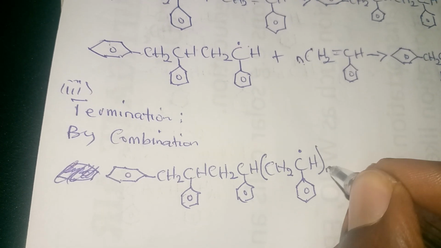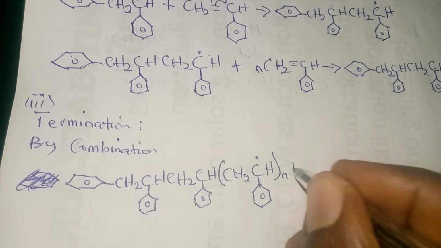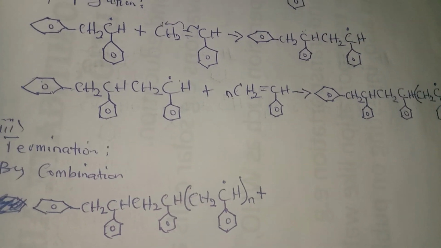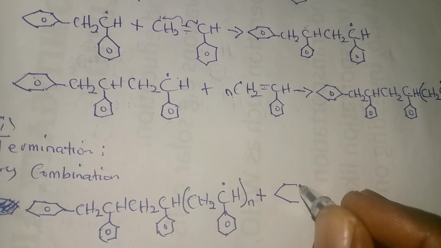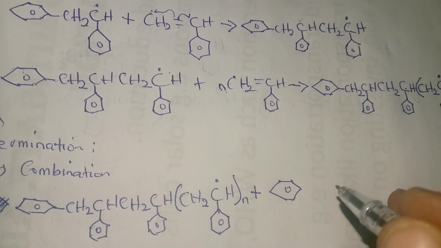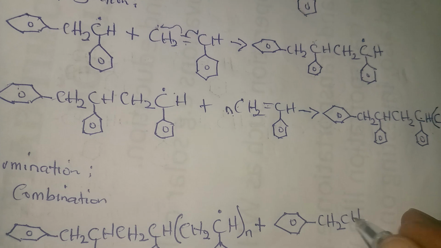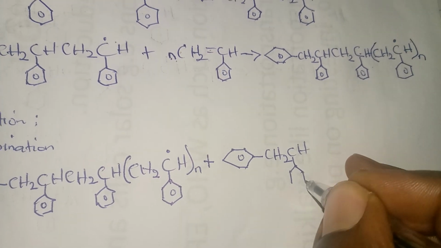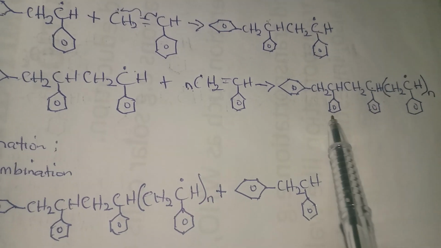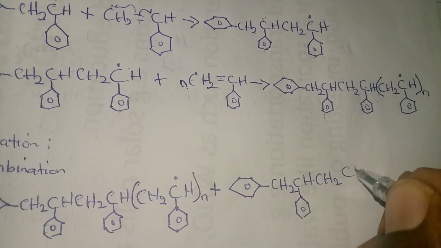My H, close, N. Now, I told you by combination you bring two of these radicals. You have another one here. CH, remaining this one, CH2, another CH.